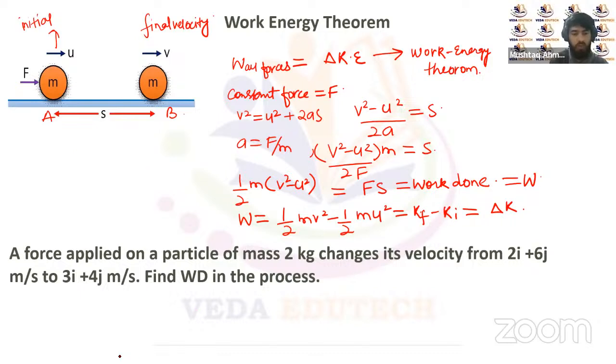We can also prove this theorem for a variable force as well. If the force is variable, we still get the same answer, the change in kinetic energy. Let's suppose for a variable force, the work done is the integral of f dx, right? So we can write it as the integral of m a dx, because force is mass into acceleration.